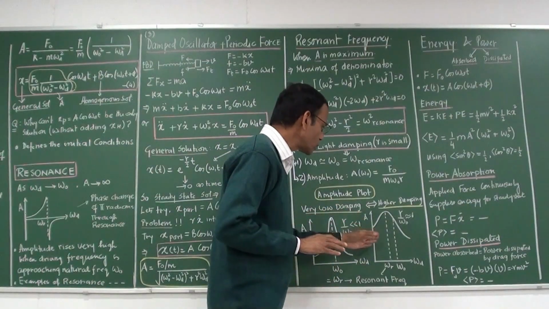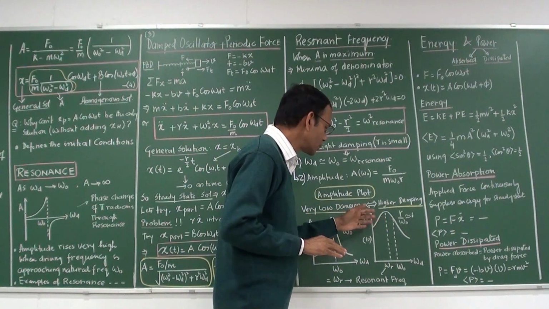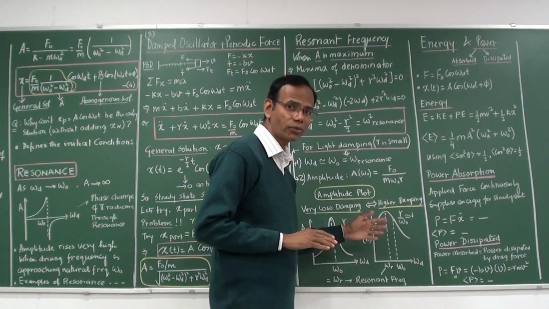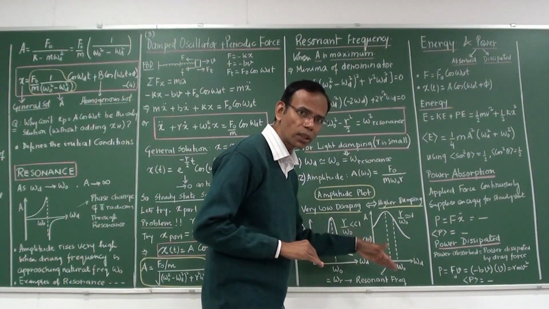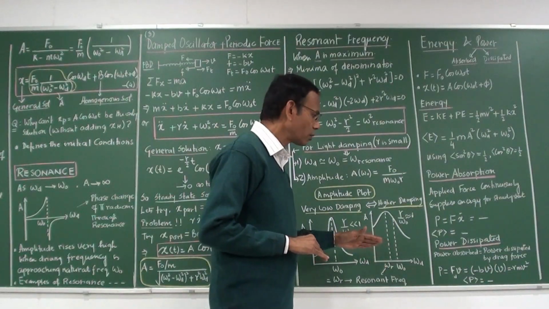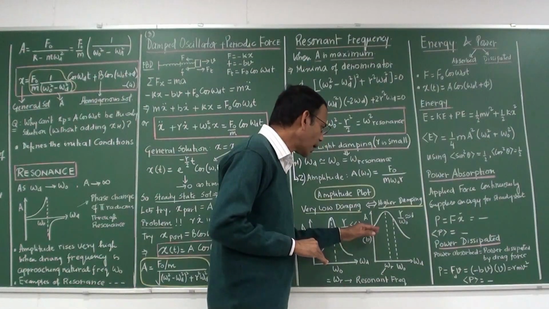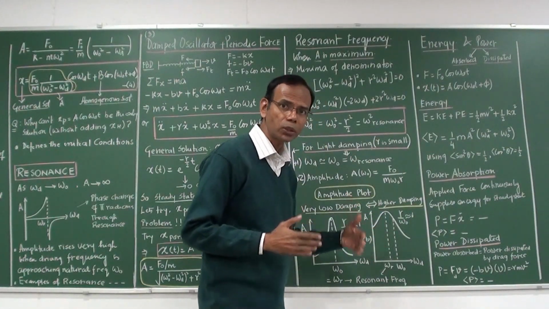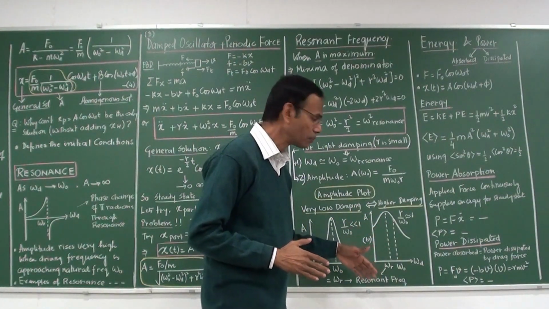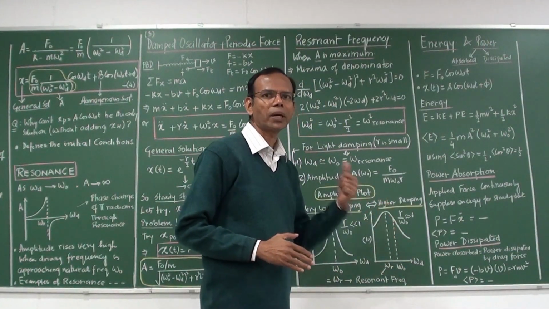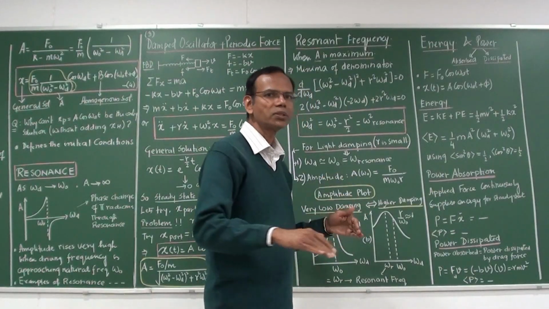So the change of this phase phi is gradual, it is not abrupt. First it is 0 for low omega, at omega 0 it is minus pi by 2, and for higher omega it is minus pi, with a gradual change because of the damping term.